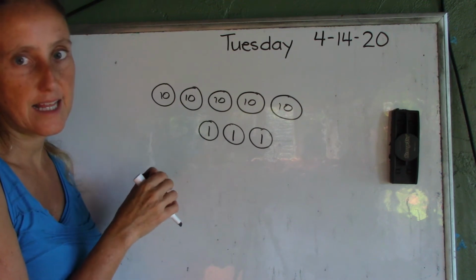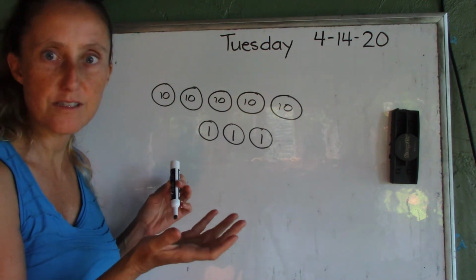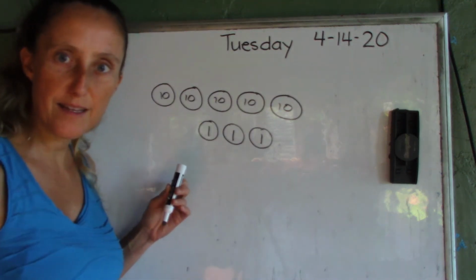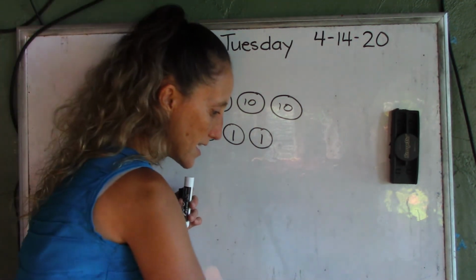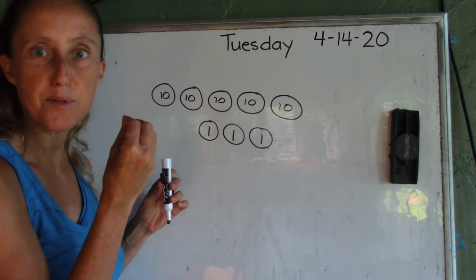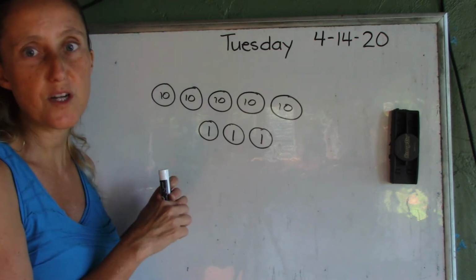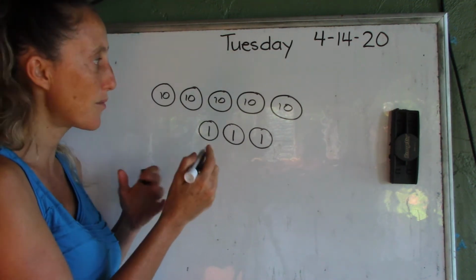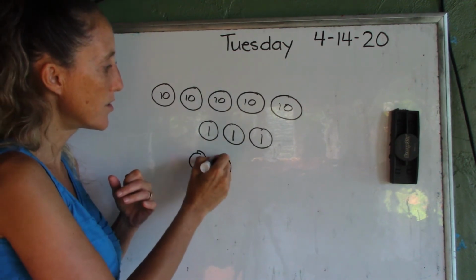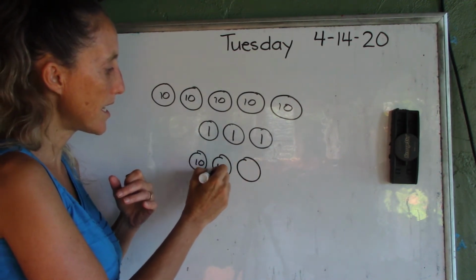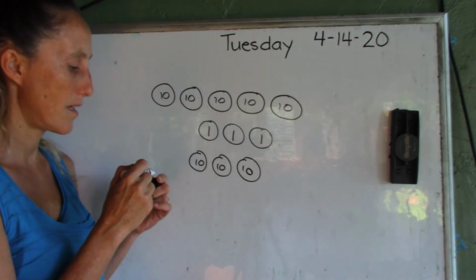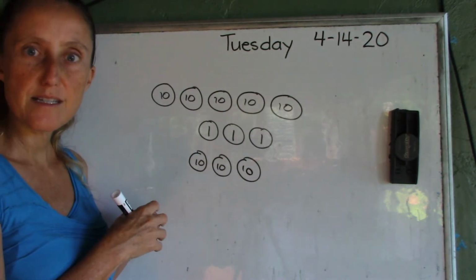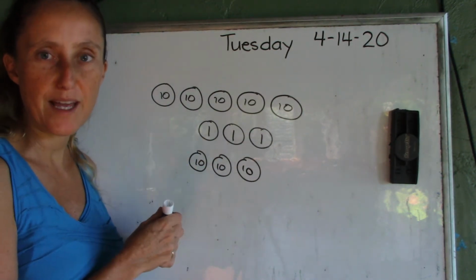Now let's say I think, well, I don't have any nickels. I'm going to stick my hand back in there and see if I can get some nickels. So I stick my hand back in the cup and I pull out 3 more dimes. No nickels and no more pennies, just 3 more dimes. So 1, 2, 3. 3 more dimes. My question is, how many dimes do I have now?